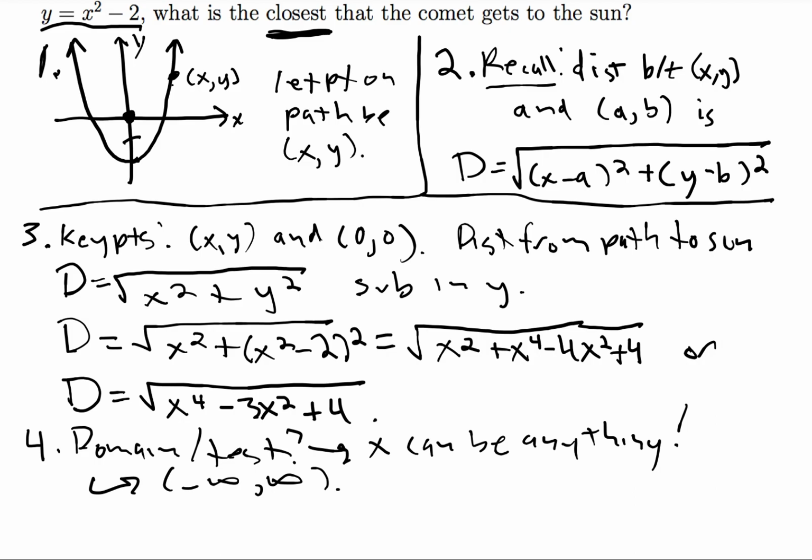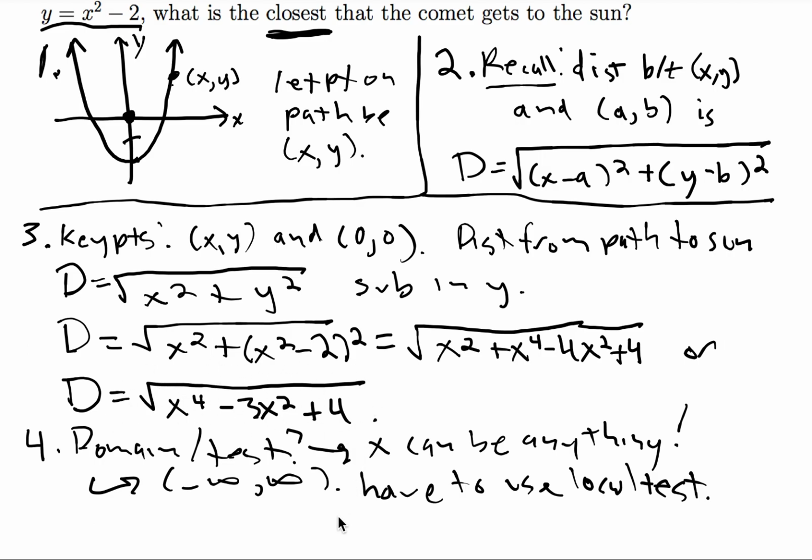Now, a consequence of this, since we're not on a closed interval, means that we have to use my local test. Okay, so let's go ahead and get that going. Apply my local test to this function d right here.